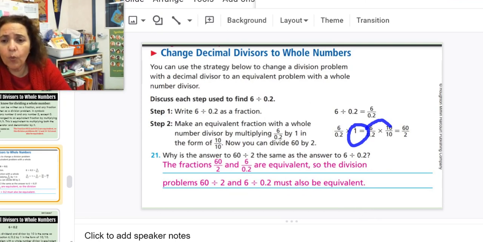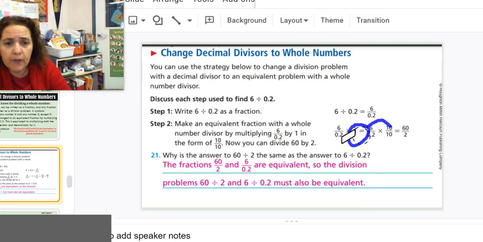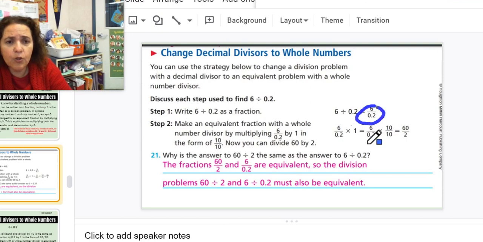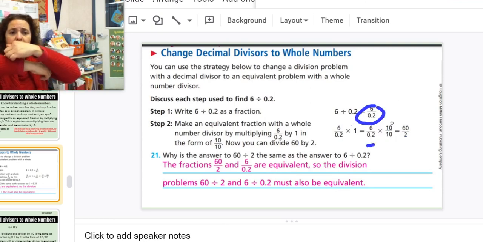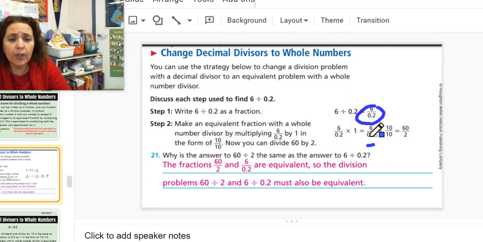So basically here, what they're doing, let me erase this so you can see it better. They're taking the original problem, 6 divided by 2/10, and multiplying the top by 10 and the bottom by 10. Remember, we can do that. And we want to do that because we want to change this 2/10 into a whole number.